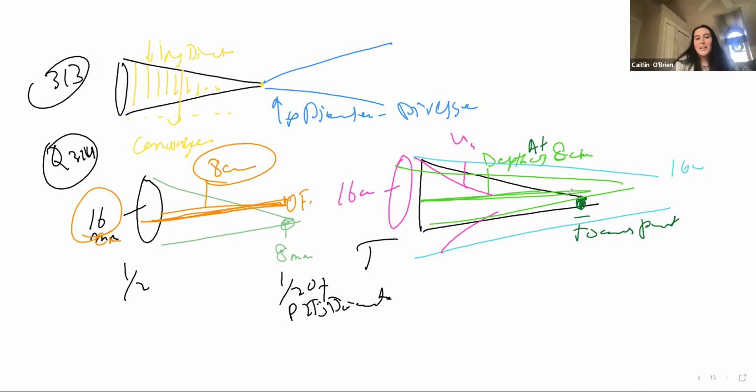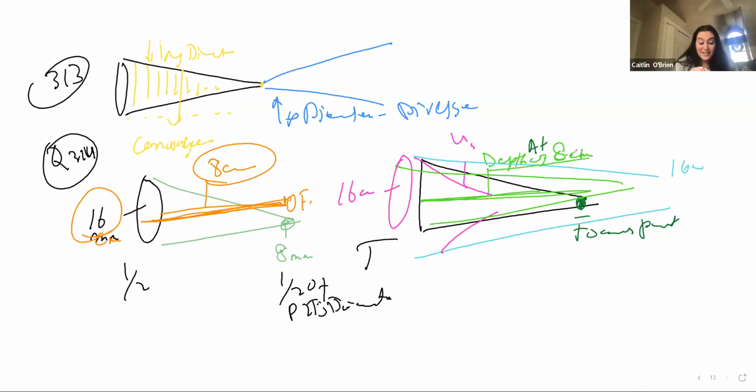So how would it have to be worded for this answer to be true? If the narrowest diameter of a sound beam is 8 centimeters, then the PCT diameter is 16 centimeters. Because it says it is at a depth, it doesn't hold.